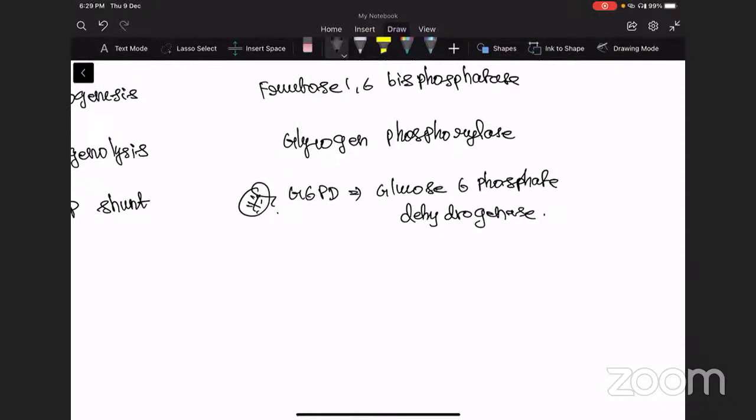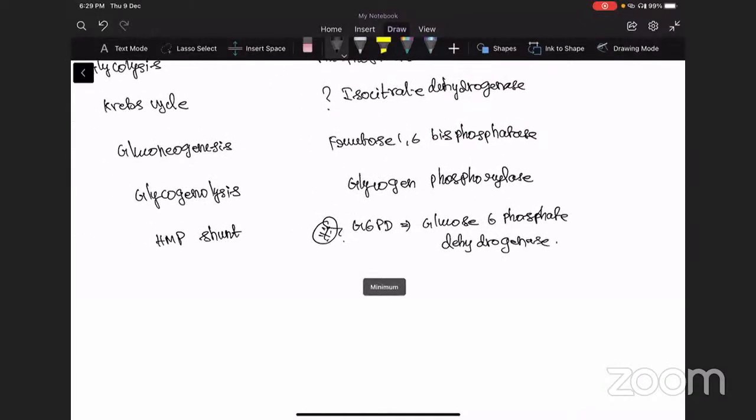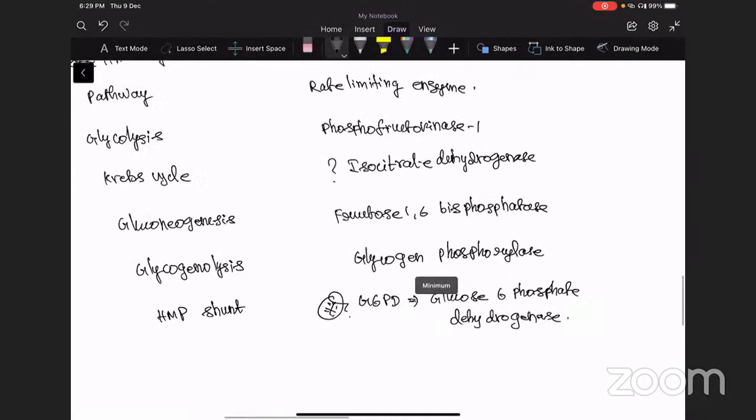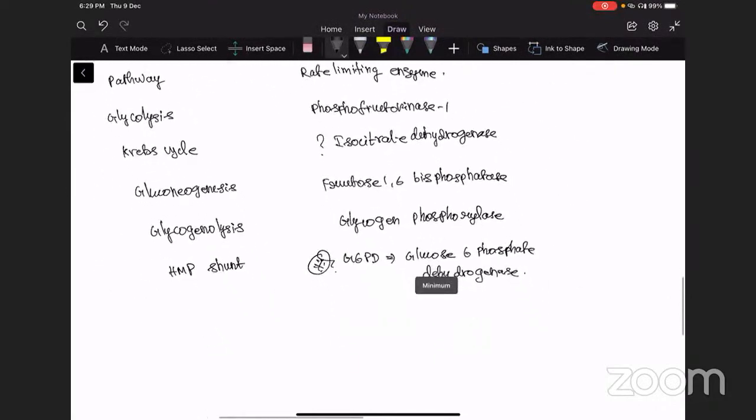The options were glucose 6 phosphate dehydrogenase, glucose 6 phosphate dihydrogenase, glucose 6 phosphate decarboxylase. So they just asked the abbreviation of G6PD. So this is important. They can ask you like this with any of the rate limiting steps.